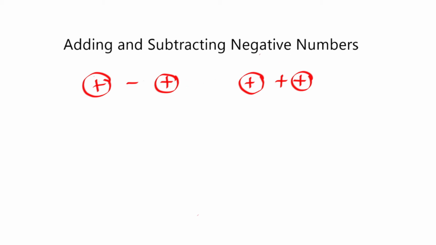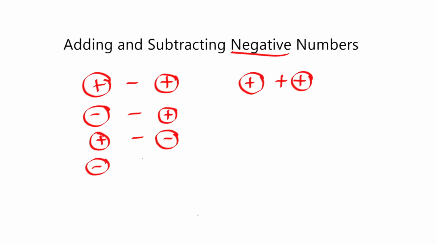Now when it comes to negative numbers, things are getting a little bit more complicated, and from just two cases we're gonna end up with 8. We can have a negative number minus a positive number, or the reverse, a positive number minus a negative number, and of course a negative number minus a negative number.